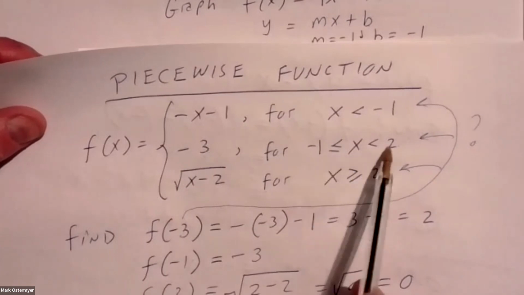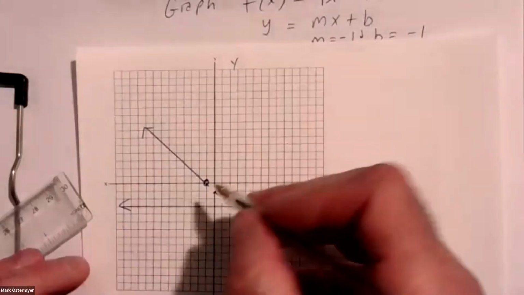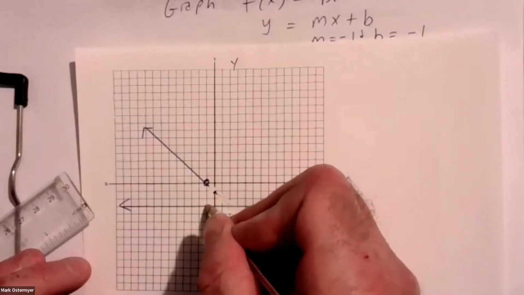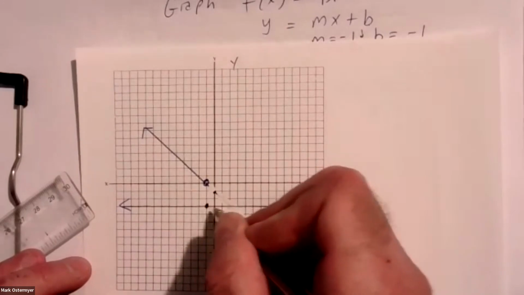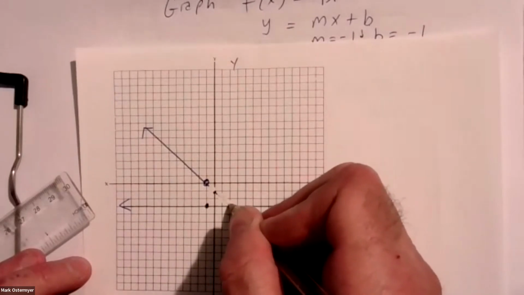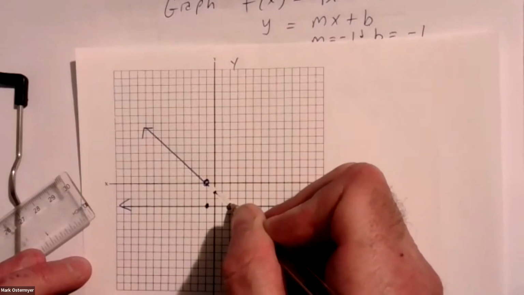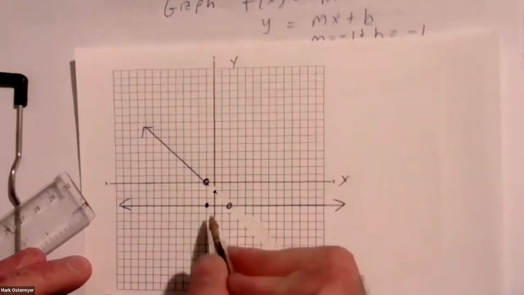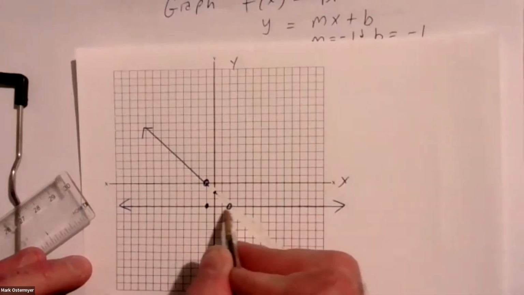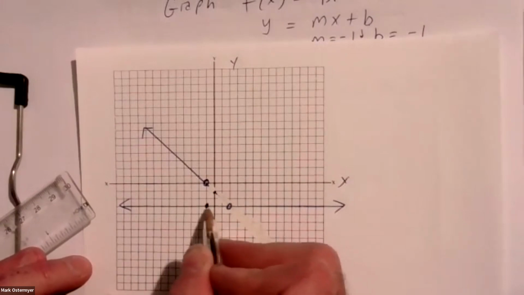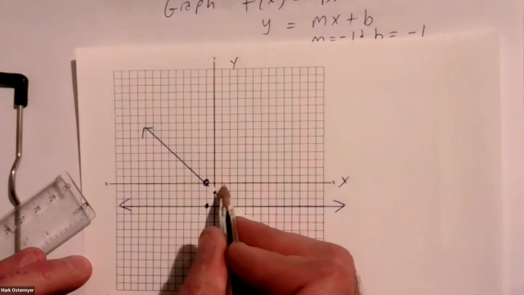That's the only portion of this horizontal line you're going to see, on the interval -1 to 2. So x is greater than or equal to -1, up to but less than 2, with an open circle right here. That's the only interval on which this definition is valid.